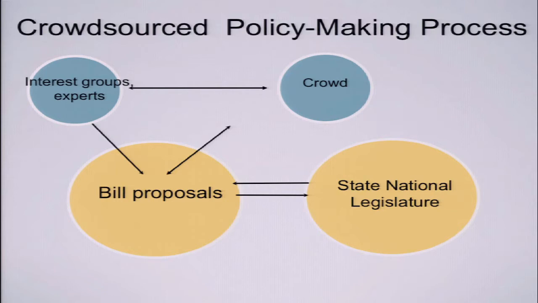And now when we invite people, just like we did in the Finnish experiment, to participate in the preparation of the policy, they contribute with their ideas and knowledge. And then the bill will still go to the actual decision-making process, which happens by the elected representatives. So the online participants don't take the role of decision makers, but they take the role of knowledge contributors.